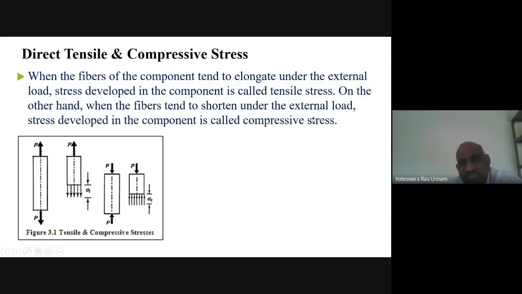Load divided by the resisting area is the stress. Tensile normal stress is denoted by sigma T, and normal compressive stress is denoted by sigma C.